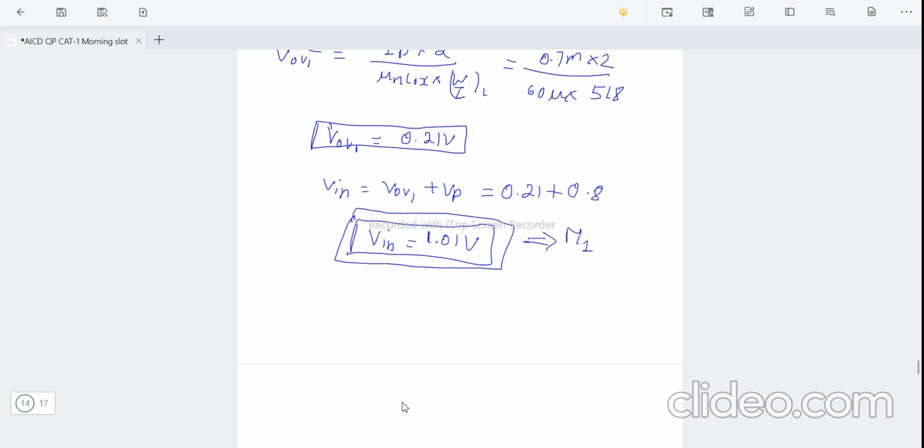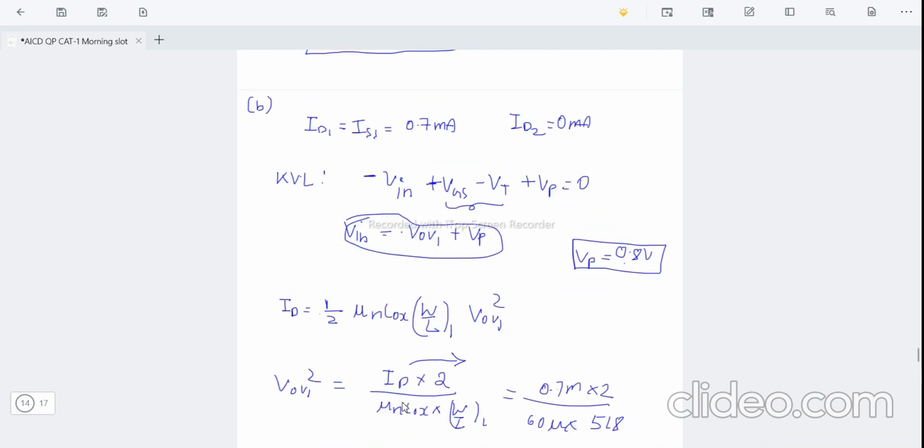M1 is on, M2 is off, and the entire current is steered towards M1. So this is about the sub question B.